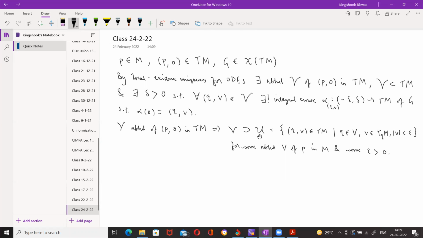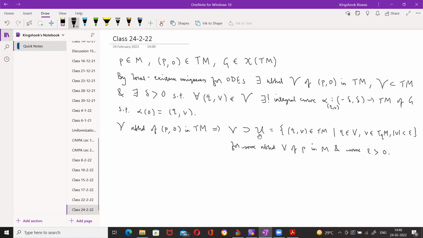Ball cross a ball means what? It means norm x less than epsilon and norm y less than epsilon, right? So now you go back to the manifold TM. Norm x less than epsilon will mean a neighborhood V of P, and norm y less than epsilon will mean, if I choose another epsilon prime small enough, that it will contain tangent vectors v with norm v less than epsilon prime, right?